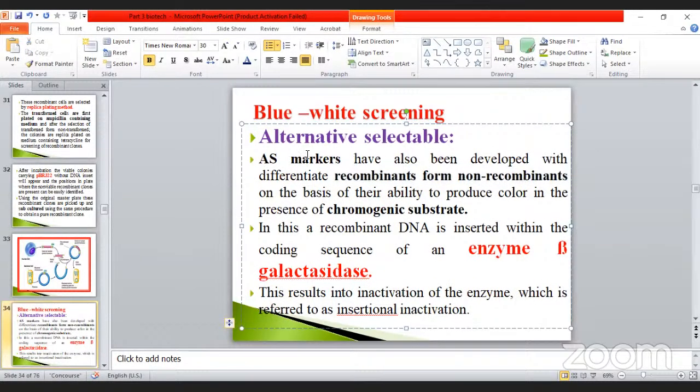AS marker means alternative selectable marker. Suppose blue is visible, white is not. Black means white, red means green, likewise, your choice. So the recombinant is distinguished from non-recombinant on the basis of the ability to produce color. Some microorganisms produce colored products.